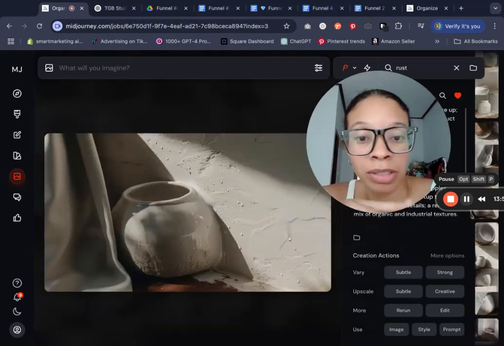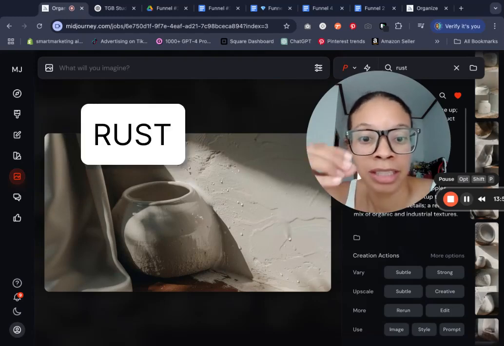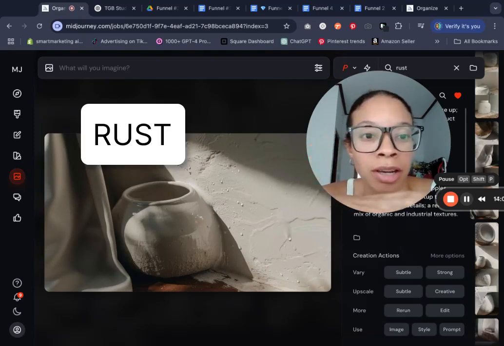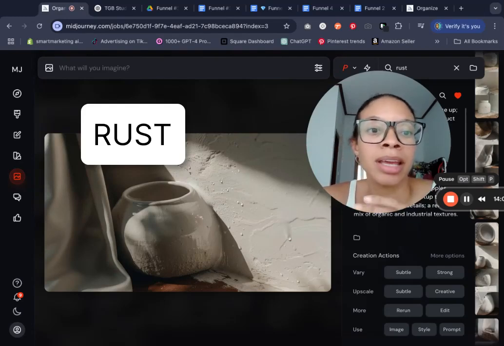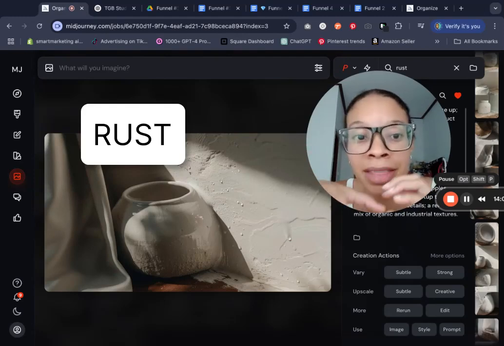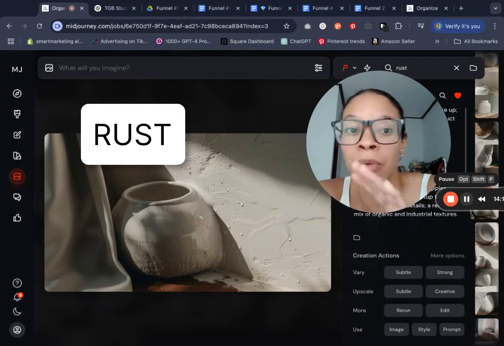Utilize rust in a couple different ways. Here you utilize rust for the space, right? Like this vase is sitting kind of like on a rusty floor, like having these elements that feel very much like a part of nature, and then putting in a beautiful product, particularly a product that should not be in that type of environment, creates contrast and will automatically create a more luxurious image.